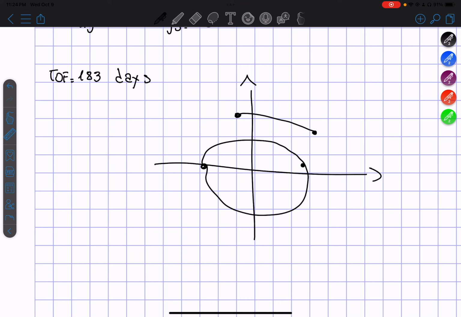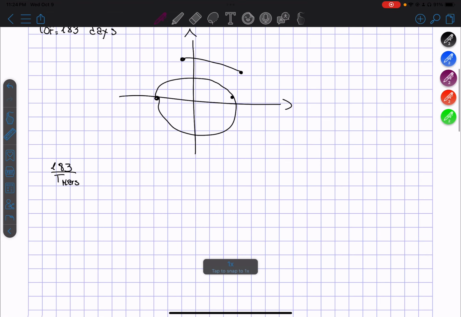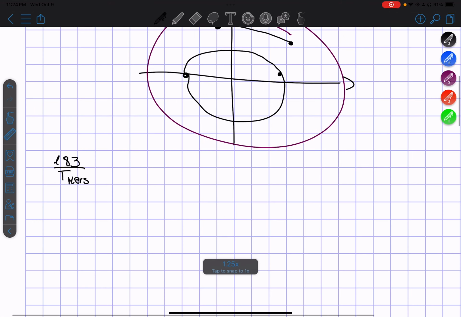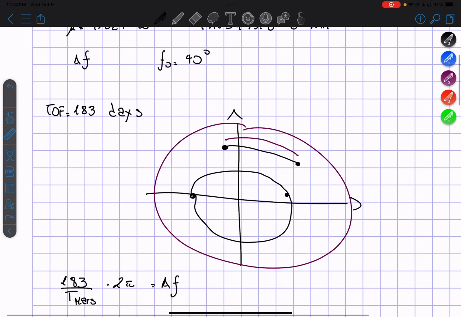Anyhow, so how much does Mars move? Well, it's going to be 183 days divided by the period of Mars, and this gives us the fraction of this arc over the entire orbit, and then we can just multiply that by 2 pi to get the total F. Well, this is going to be delta F technically, so I can just keep it as delta F here.